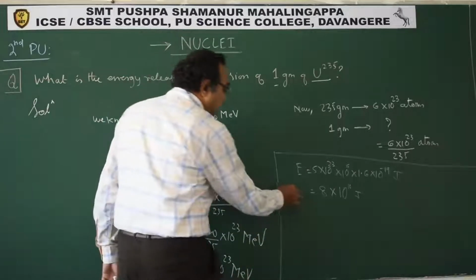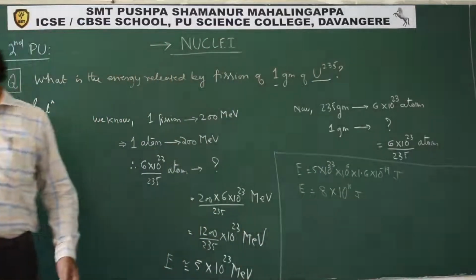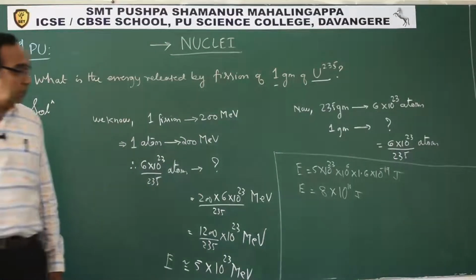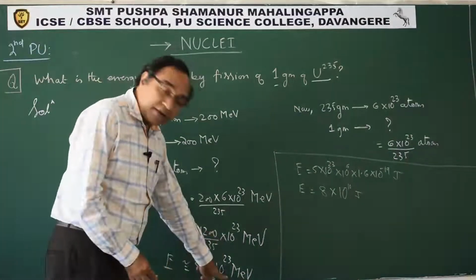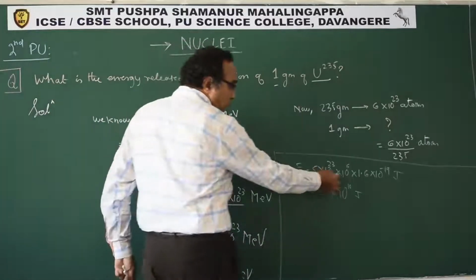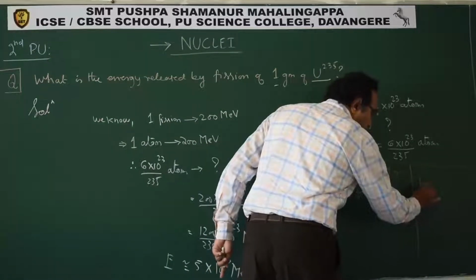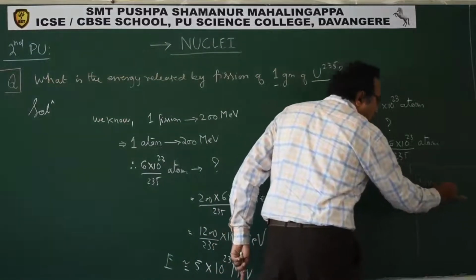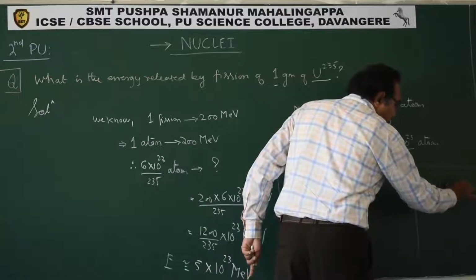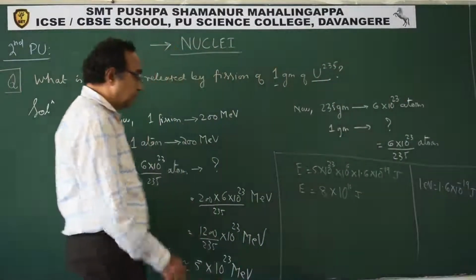This is what we get as energy in joules. We got this in million electron volts, and here we got it in joules. See here how to convert. The conversion factor says 1 electron volt is equal to 1.6 into 10 power minus 19 joules. This is the conversion factor.